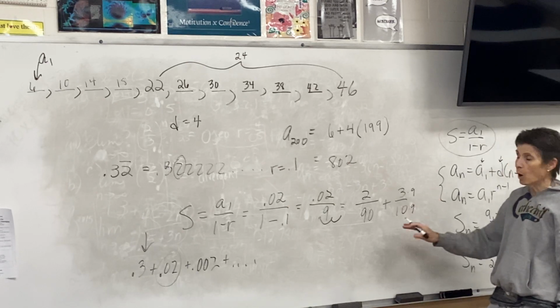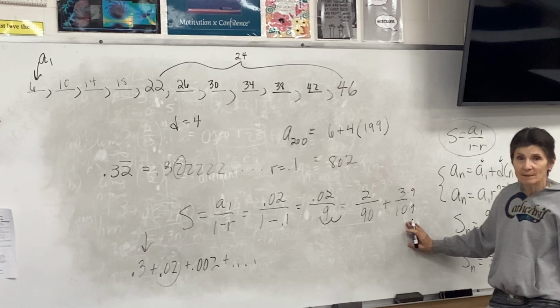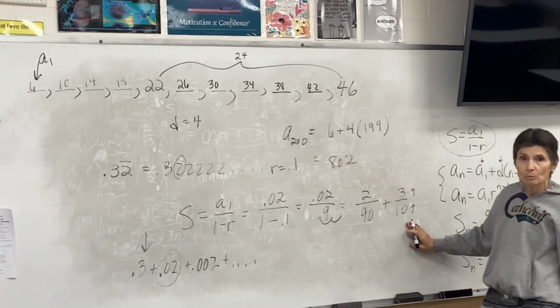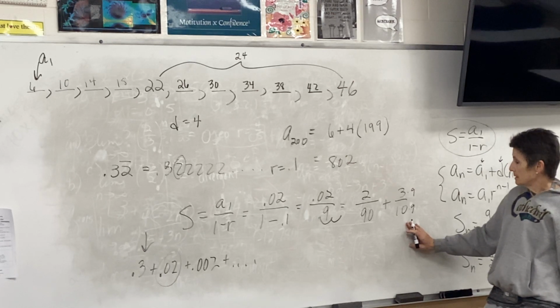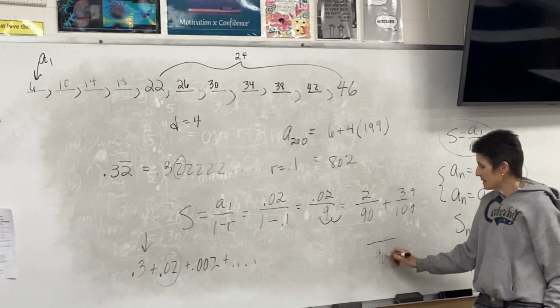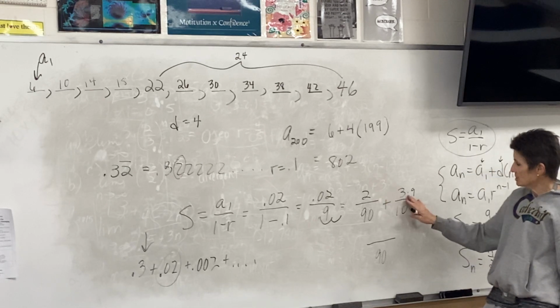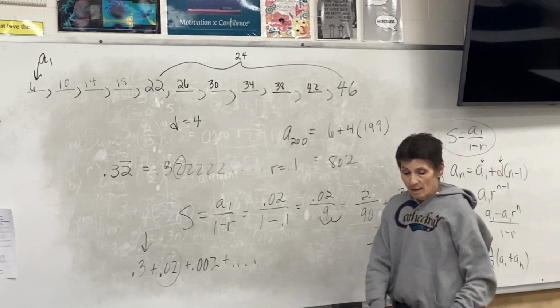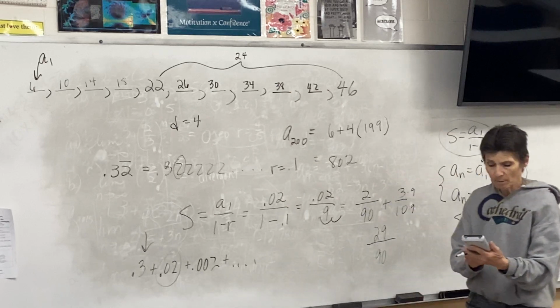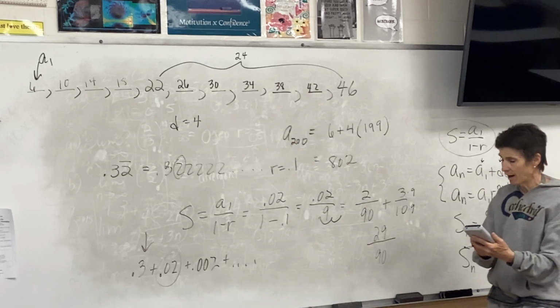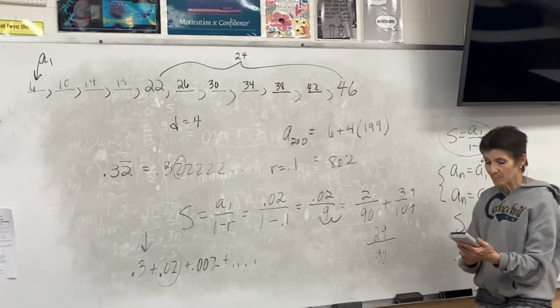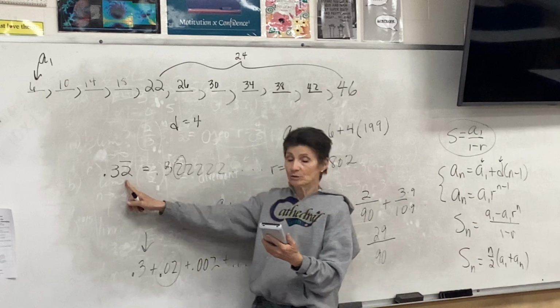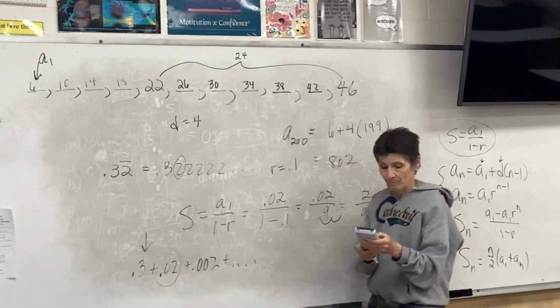It's really easy. It will always be easy to get a common denominator here. You'll never have to do a bunch of hard work. So my denominator is going to be 90, and my numerator is 2 plus 27, 29. And then I always do a quick double check on my calculator. If I do 29 divided by 90, I should get my original decimal, which I do.